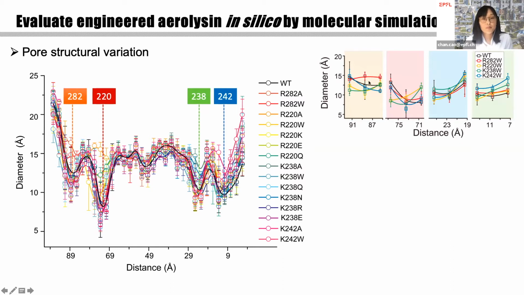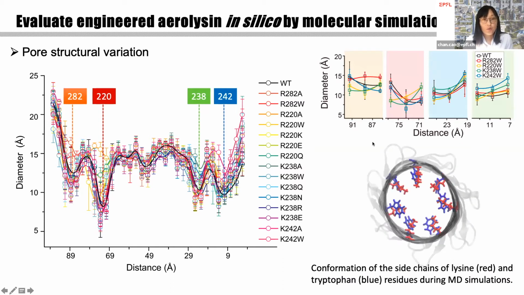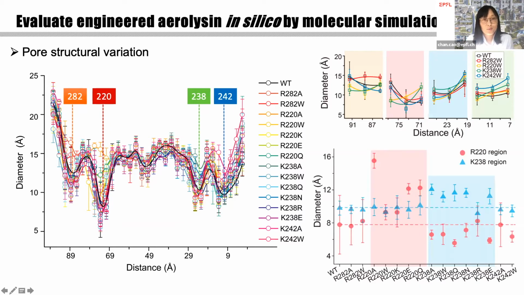So it doesn't make the pore narrower, almost no change. So we went back to the simulation, because tryptophan is hydrophobic, so the residue likes to go close to the wall rather than extend into the channel. So that's why we got an even wider pore rather than a narrow pore. So it doesn't always work like what we want.